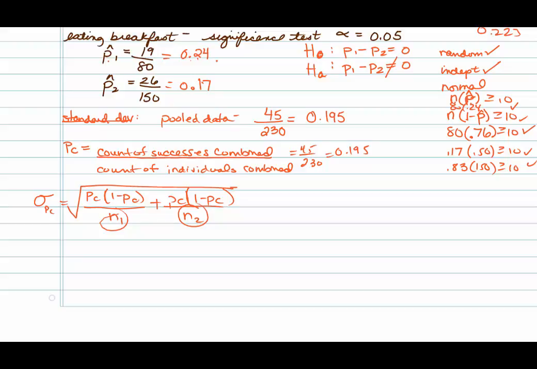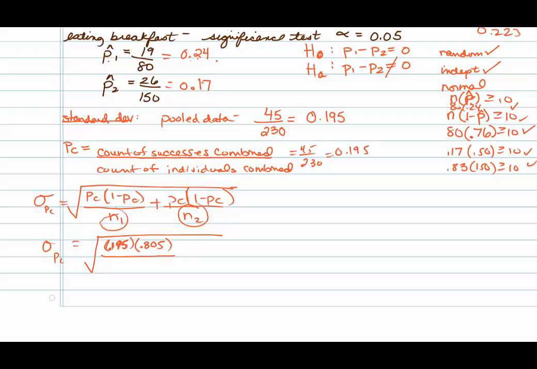And I don't know if I found anything on that formula sheet that says this. All right? So you'd want to put in 0.195, but then what's the opposite of 0.195? 0.805, sounds good. And that would be over n1. And you'll get the same answer if you accidentally put n2.